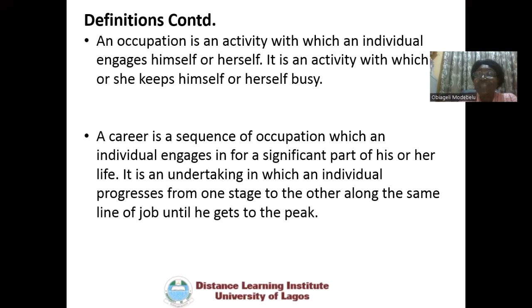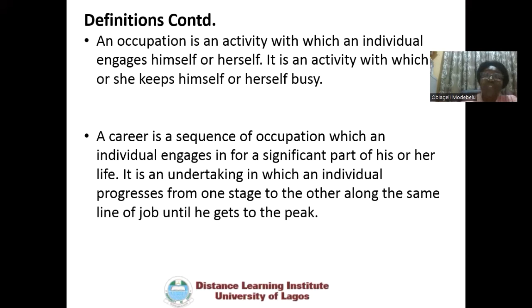When he is in primary and secondary school, he will be paying attention to science-inclined subjects because he wants to study medicine. A child that wants to study medicine, that is doing literature, CRK, and history, will not end up being a medical doctor because his pre-career activities are not pointing to what he wants to be in life.